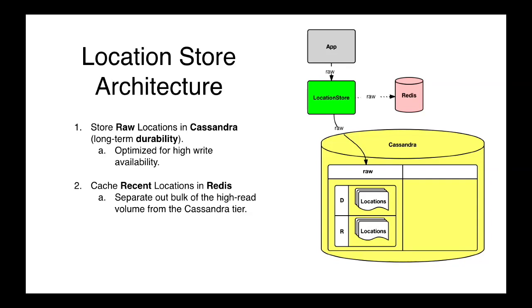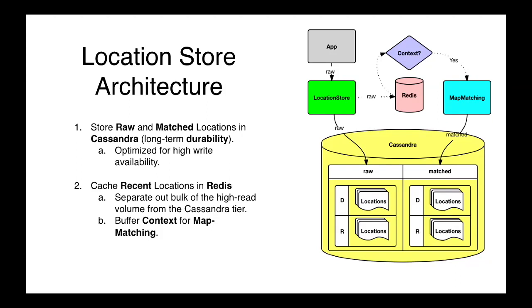Cool. So if you're following along at home, so far we have a system that stores the raw locations, but it's still not map matched or map fitted. Let's talk about how we do that. I'll introduce this black box called map matching. Sorry, I won't show you what's in it because that's a future talk. I don't want to unwrap the present too quickly. The brief summary is that we have to buffer up enough data points to build up context to do map matching.